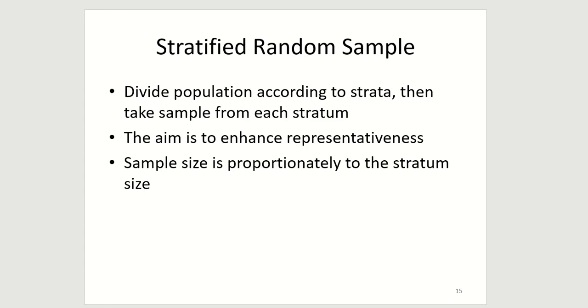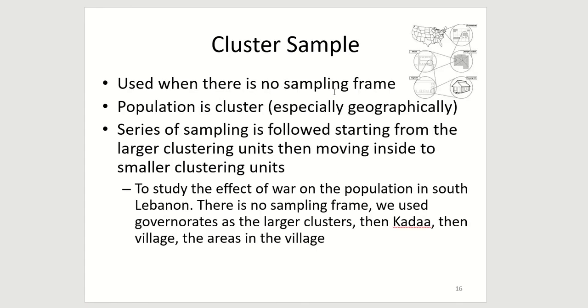All right, so let's continue. A third type is the cluster sample. So I told you that sometimes your population clusters, and it's hard to break that cluster to take your sample. So you end up taking a sample from the cluster. So your unit of sampling is no longer individuals, but rather the unit of clusters.